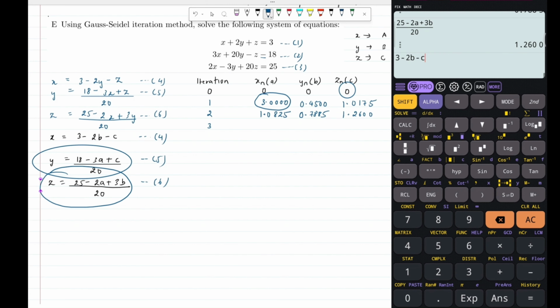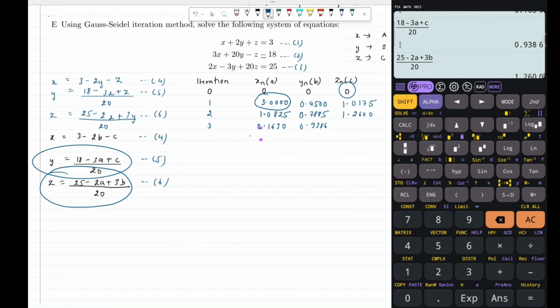So this is the one. Press equal to, you get it to be 0.1630. Store in A. Look out for the equation that gives y, equal to, you get 0.9386. Store this value in B.